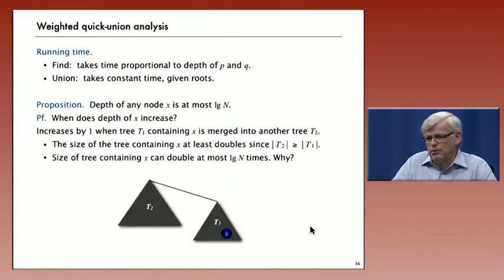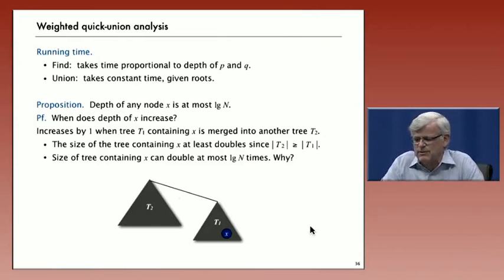So let's look at the proof of that. We do some mathematical proofs in this course when they're critical, such as this one. Why is it true that the depth of any node x is at most log base 2 of n? Well, the key to understanding that is to take a look at exactly when the depth of any node increases.